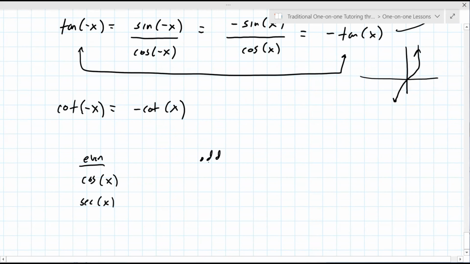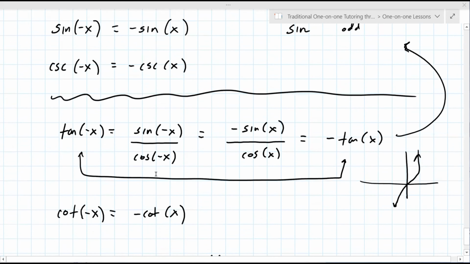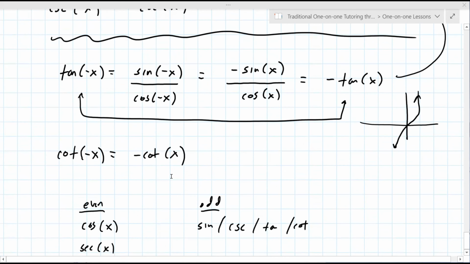And the odd ones are the other ones: sine, cosecant, tangent, and cotangent. And that does help you on occasion when you're trying to use one of these formulas that feels impossible to do.